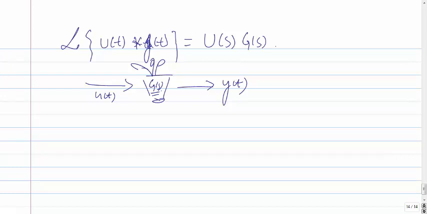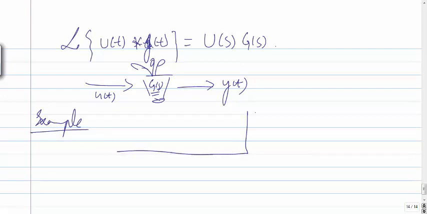Now let's solve another example here. This is another example where we have a dynamic model, which has a mass with a damper.